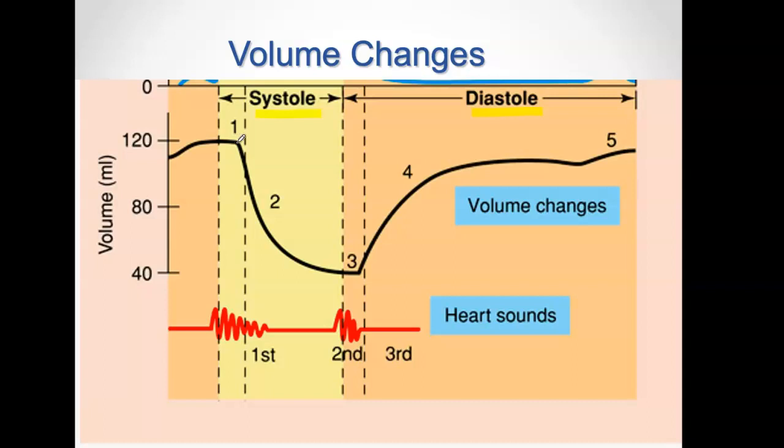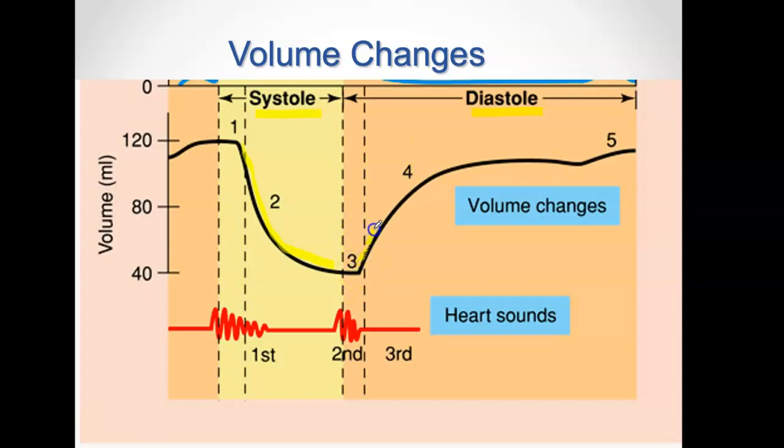And if it's ejecting, does it make sense that that volume is going to drop? Because it's going out into the aorta or into the pulmonary trunk. So it's going to go lower, until it sort of evens out. There's no change. Until it's diastole. In diastole, you start to fill it back up again.